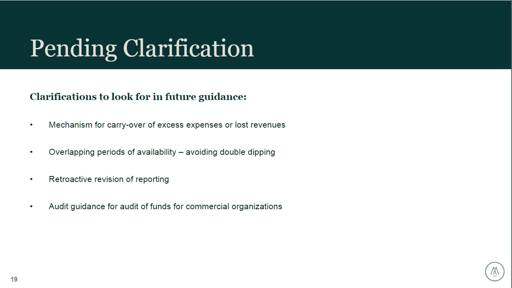They were really focused on getting the portal up and running for this first round of reporting. Also, given that overlap of periods that Melanie talked about, just how that's going to look to make sure that there aren't any double dippings happening potentially with the expenses. Is there going to be the opportunity to potentially revise reporting retroactively if things change that require that? Not sure at this point.